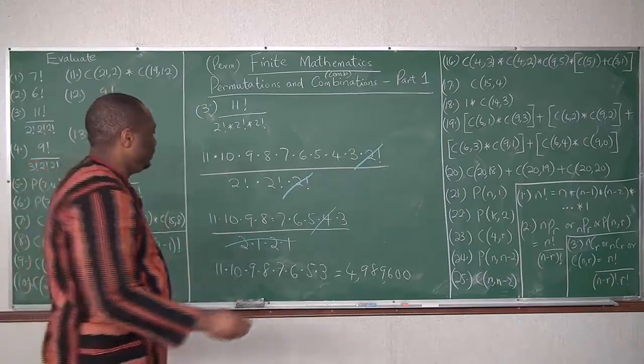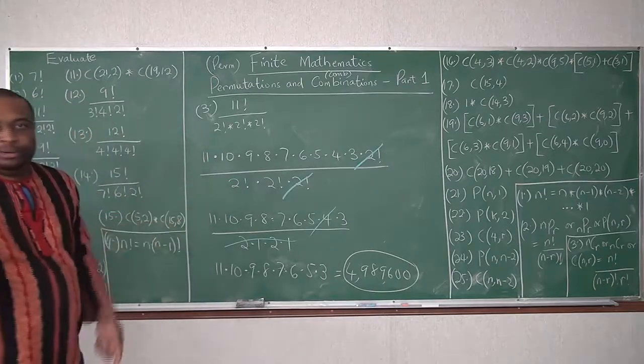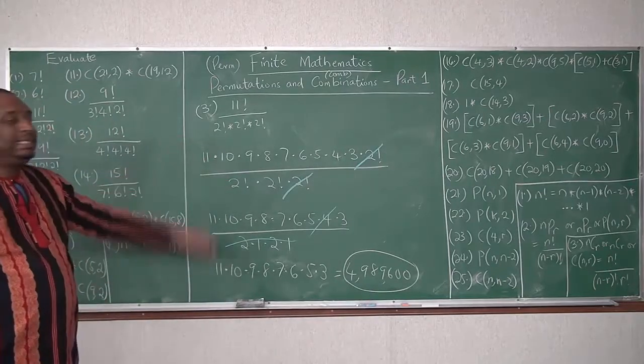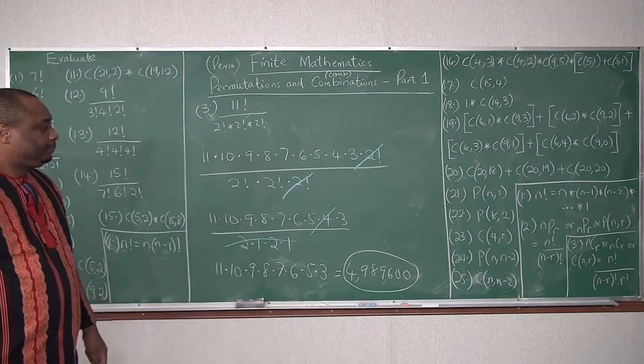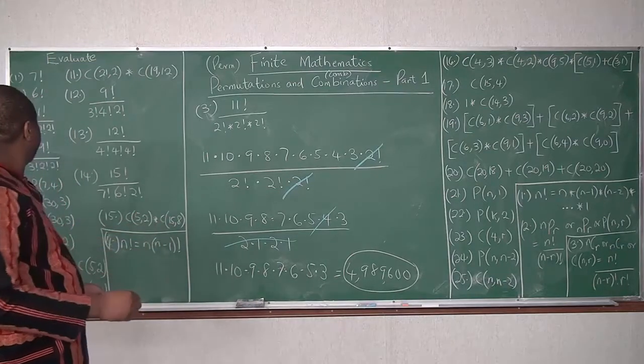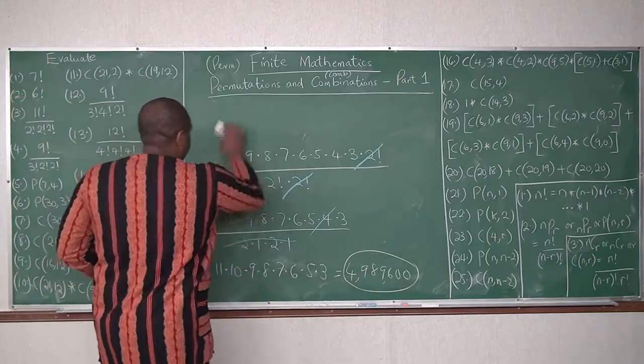That is what you do. And you can verify all this with your calculator. You can do this with TI-83 or TI-84. Alright, that is number 3. We do number 4.